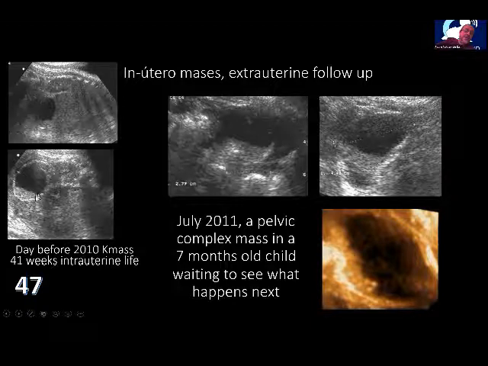At the 41st week of pregnancy. 6-7 months later, they bring in the child, and what happens next is I still see the cyst. Nobody has done anything, and that baby has a cyst, which is not a simple ovarian cyst.